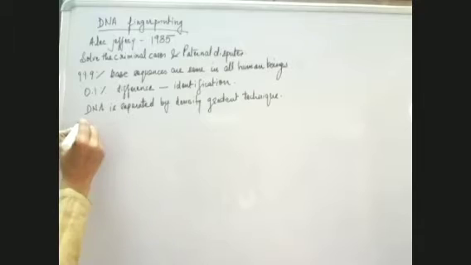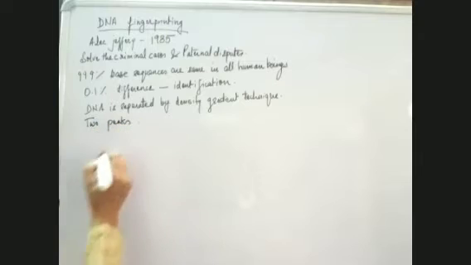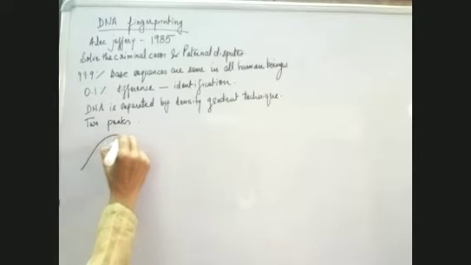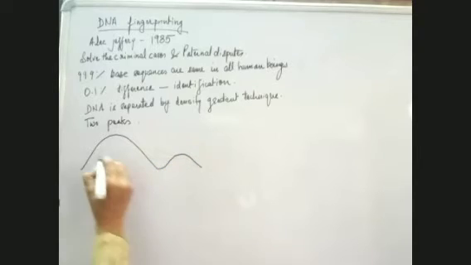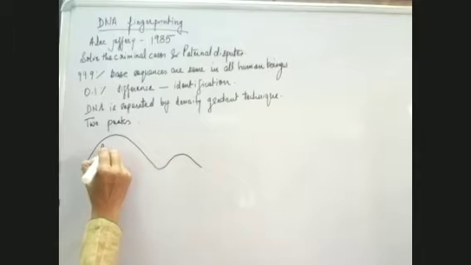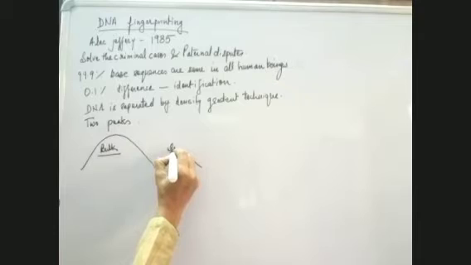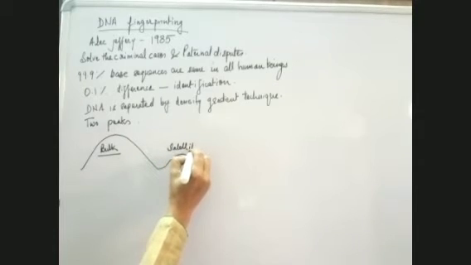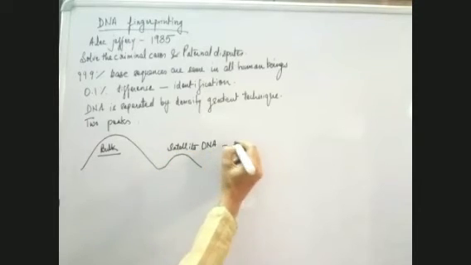Two peaks are formed, and they look like this. This is the bulk peak, and this other peak is the satellite, which forms the satellite DNA. This satellite DNA is repetitive DNA.